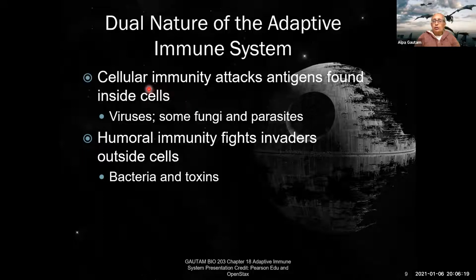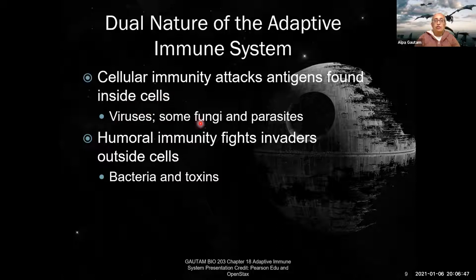The cellular immunity, because of the T cells, can attack antigens that are inside of cells. The humoral immunity can fight pathogens that are still outside of the cell. So T cells recognize infected cells, right?